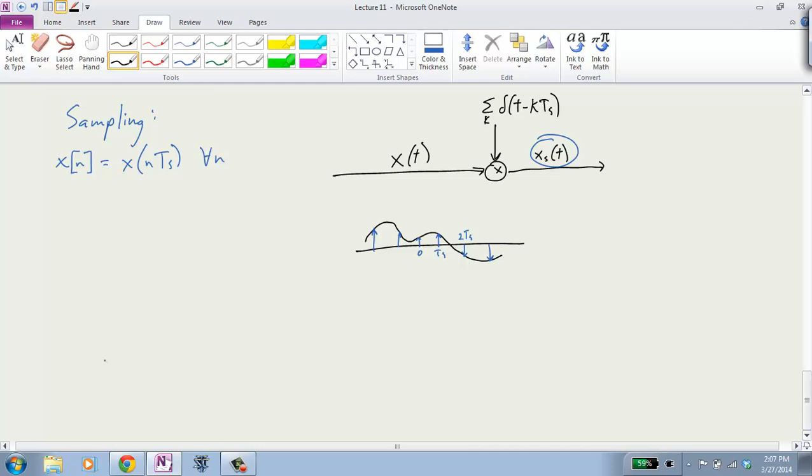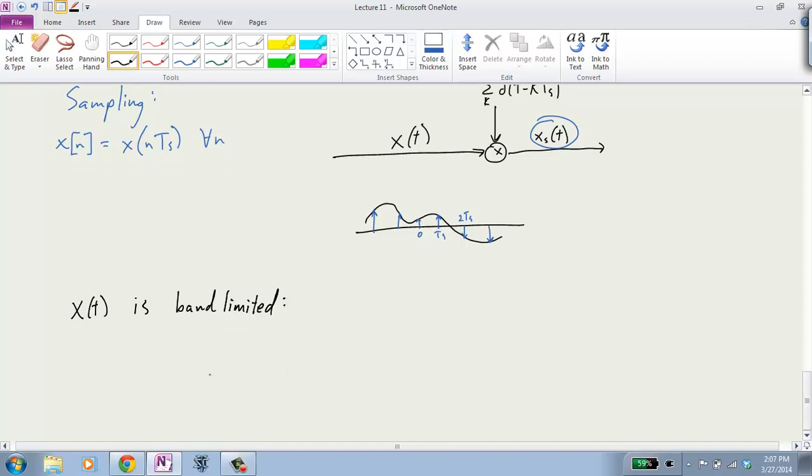So let's assume x of t is band limited. And I'll tell you what that means. That means that in the frequency domain, you have some section of the spectrum, some section of frequencies, where the magnitude may be non-zero.